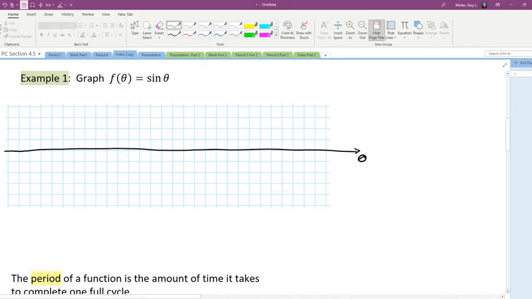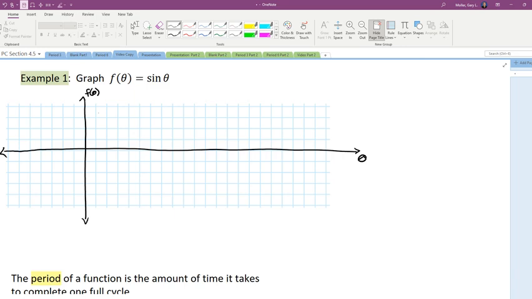There's your input. And then I'll put my output right here, which you could label as y, I suppose, or f of theta. I'm going to mark this as accurately as I can, but I've got to make sure I'm consistent in my values.